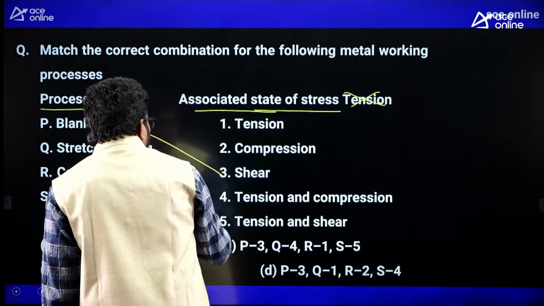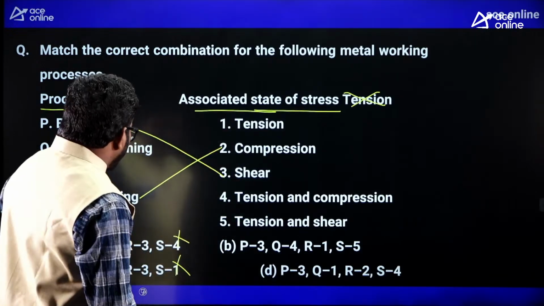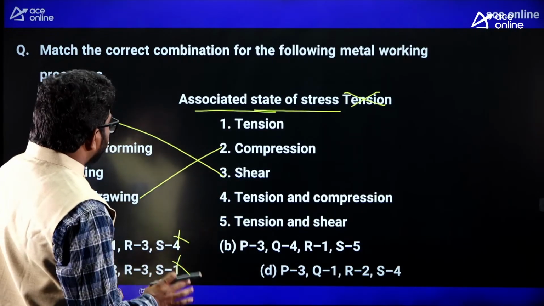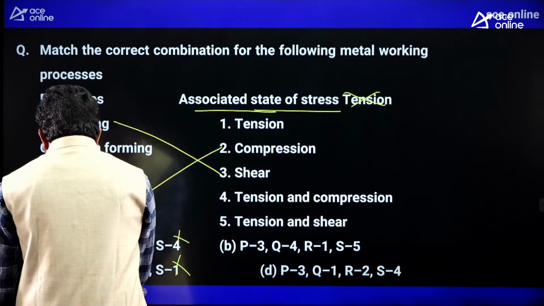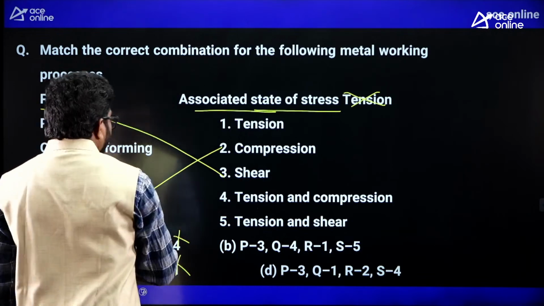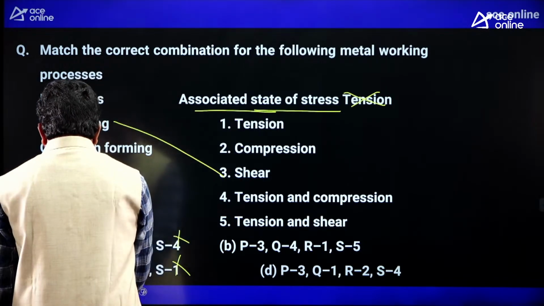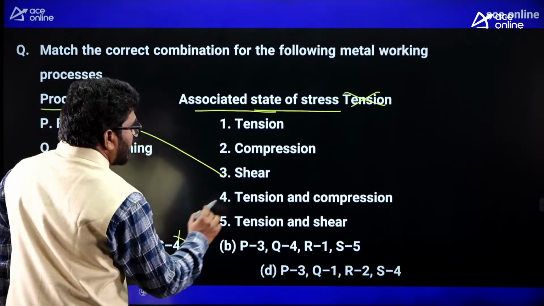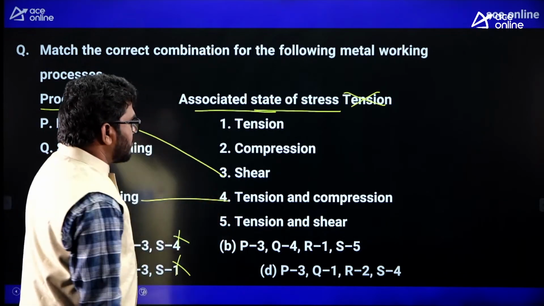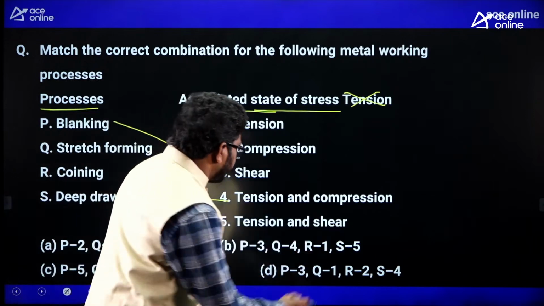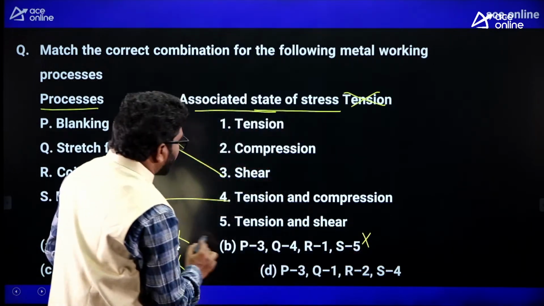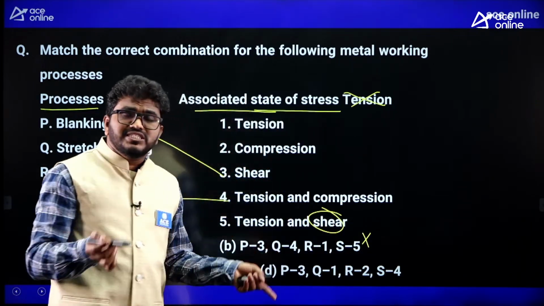So let us say S is not 2 here, S is tension and compression, right? S is 4. Now see here, if S is 5, not correct, because shear is not there in deep drawing, we are not cutting the sheet metal.